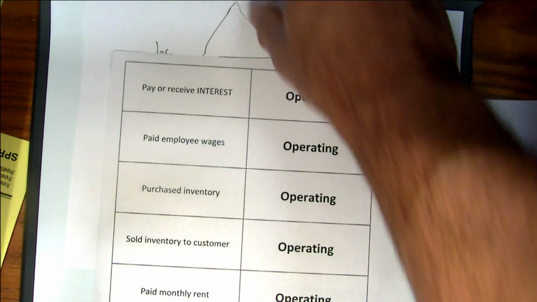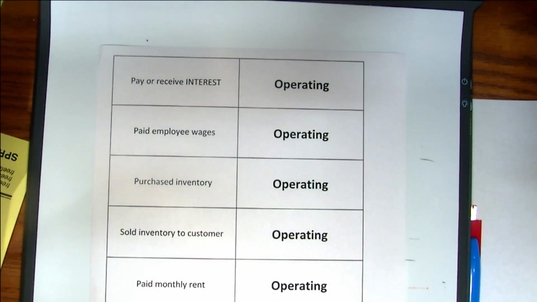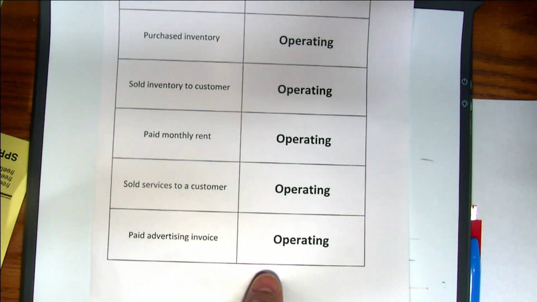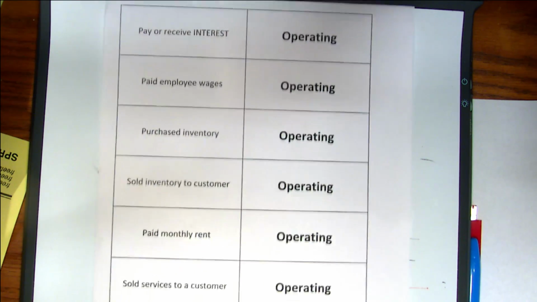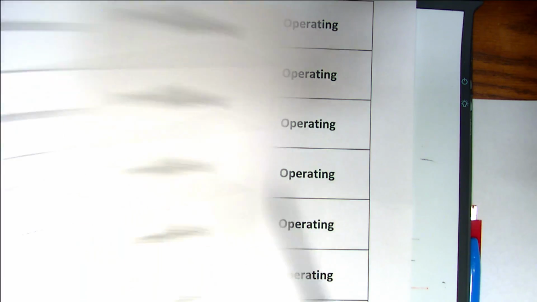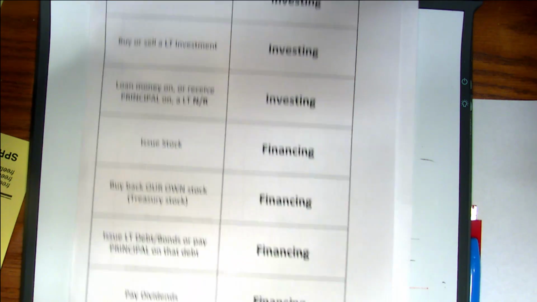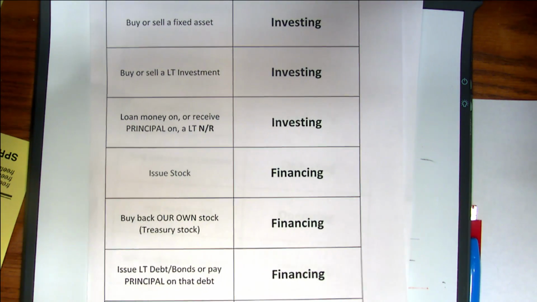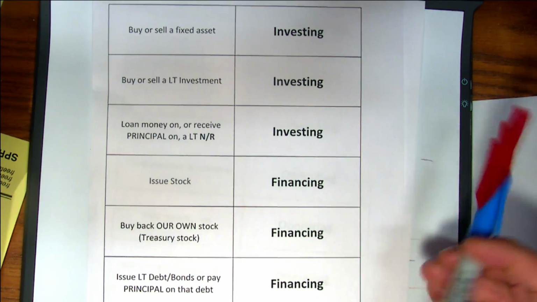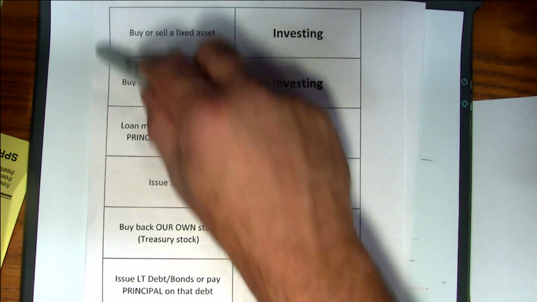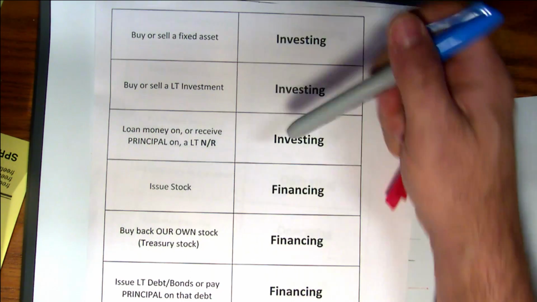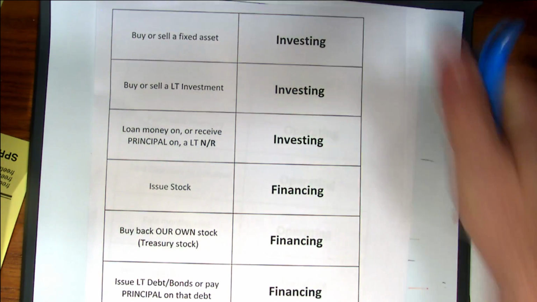This is the first page where I give you some operating activities. And then the next page, I give you some investing and some financing. Now, what I want you to do is cut these out, and then on this line right here, just fold it.